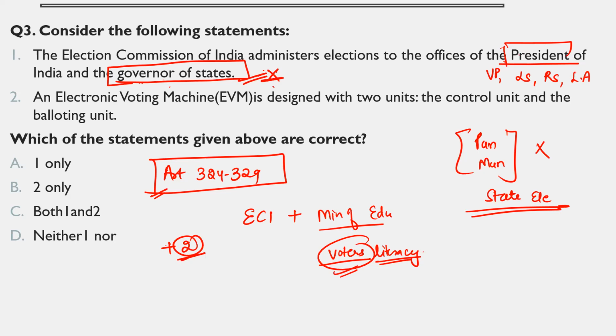Units here means what kind of systems they have: the control unit and the balloting unit, correct? EVMs are made and tested by Bharat Electronics Limited. So you must know about EVMs also.